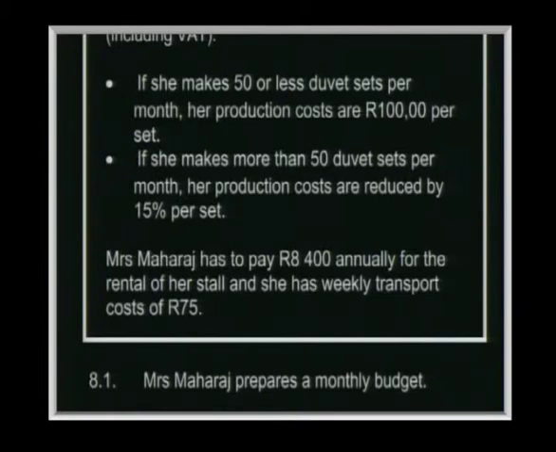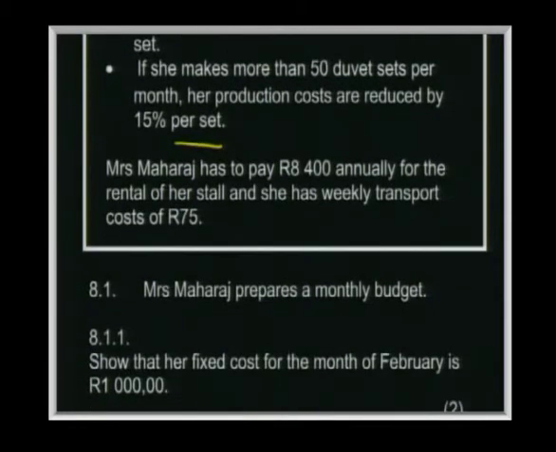If she makes more than 50 duvet sets per month, her production costs are reduced by 15% per set. Mrs. Maharaj has to pay 8,400 rand annually, note annually, that means per year, for the rental of her stall, and she has weekly transport costs of 75 rand.